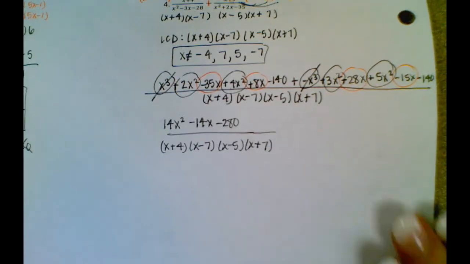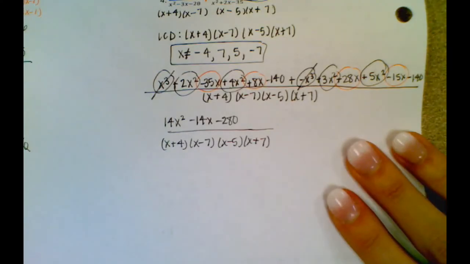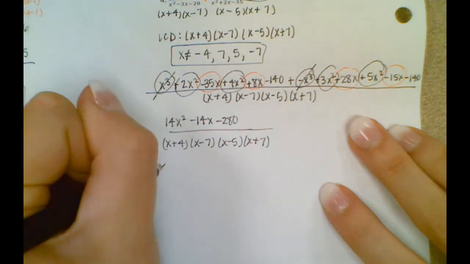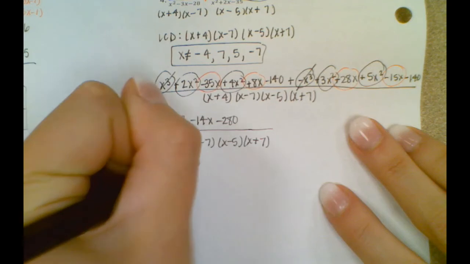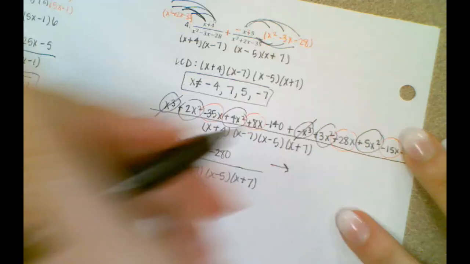Alrighty. And then the very last thing we're going to do is factor that out. Is 280 divided by 14? Can we do that? Yes, we can. So I'm going to factor out 14 out of that numerator. So I get x squared minus, actually, I'm going to do this to the side over here.